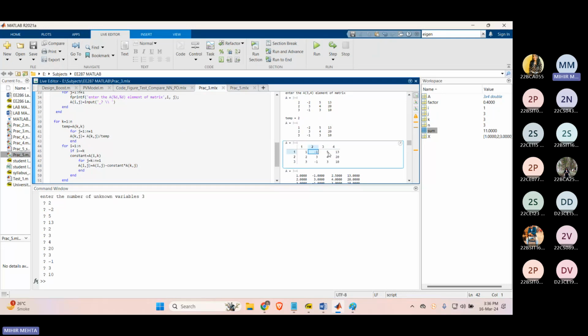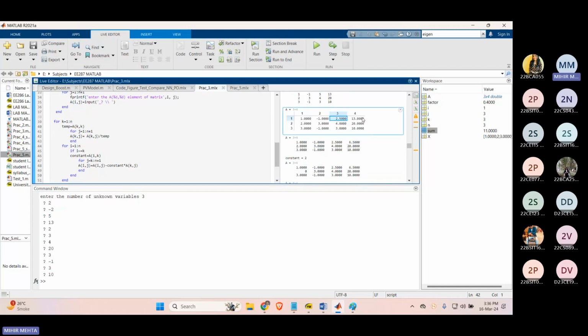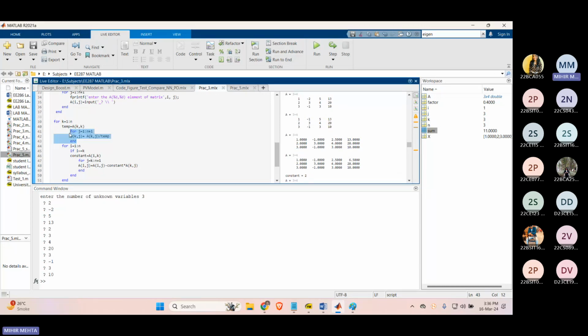Similarly, 5 divided by 2 gives 2.5. And lastly, I have 13, again divided by 2, which gives a final value of 6.5. So by this, I complete this particular j loop.